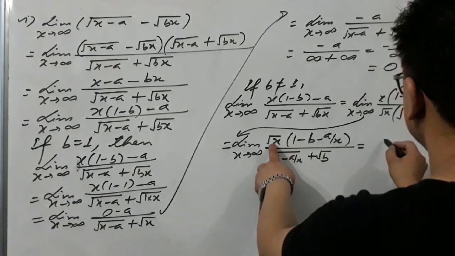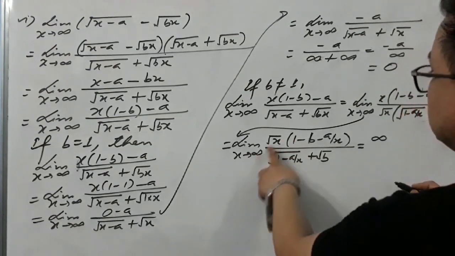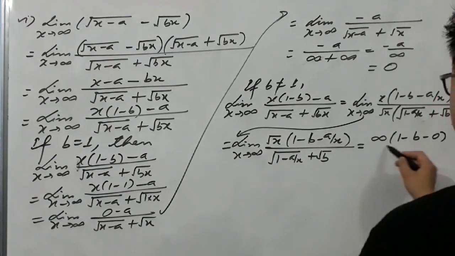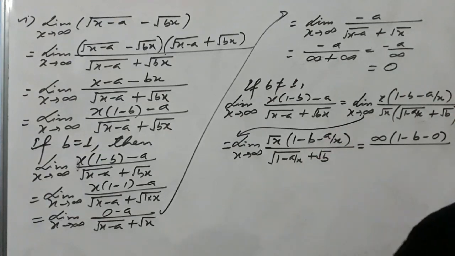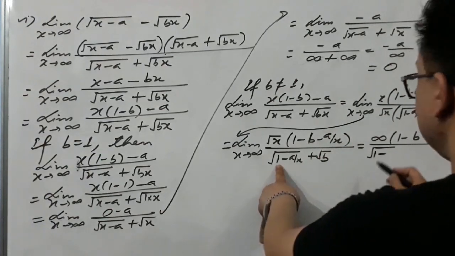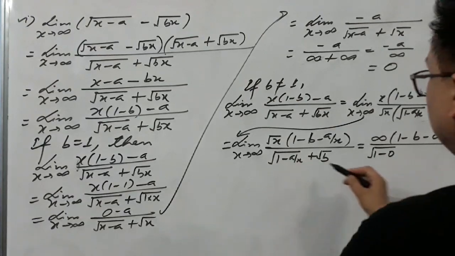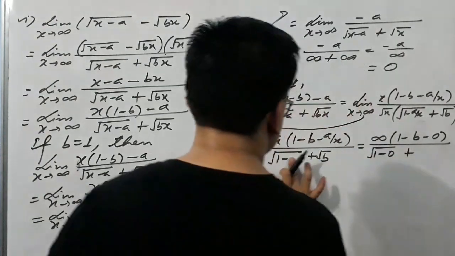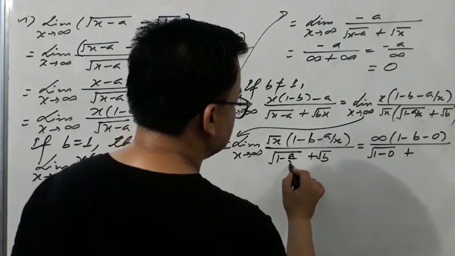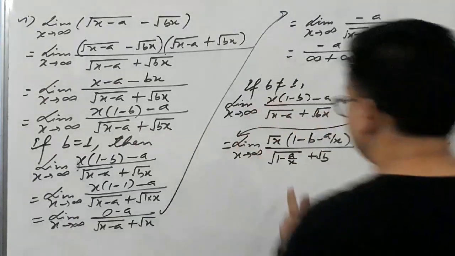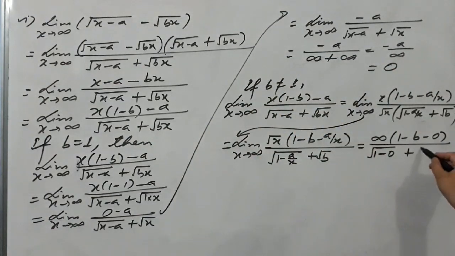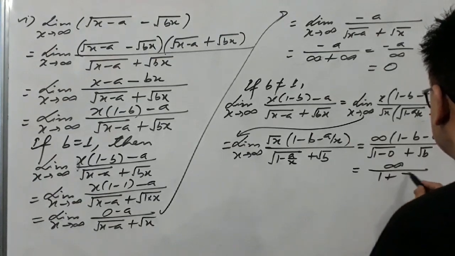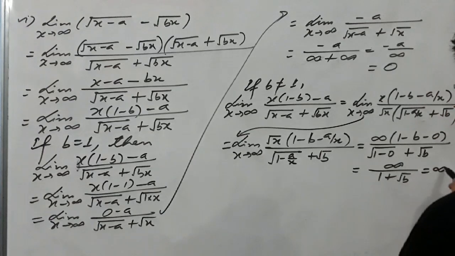As x tends to infinity, root x is also infinity, 1 minus b stays as it is, a upon infinity is 0, and 1 minus a upon infinity means 0 inside the root. If you have any confusion, you may write it this way also. So we have infinity times (1 minus b) over 1 plus root b. This is going to be infinity.